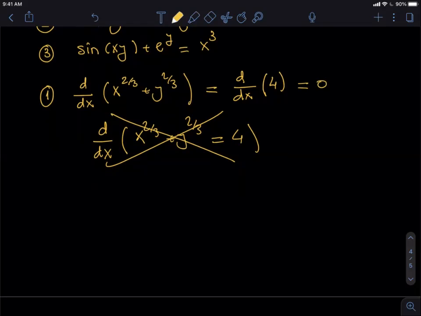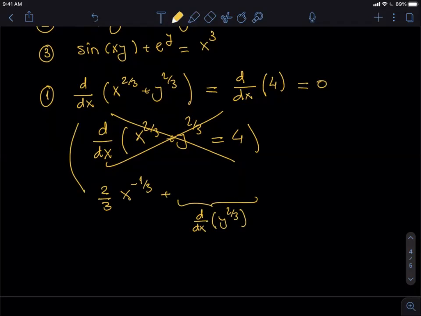So d/dx of 4 is equal to 0, and then the left-hand side is 2/3 of x to the 2/3 minus 1, so that makes negative 1/3, plus, and here comes the interesting part, d/dx of y to the 2/3.